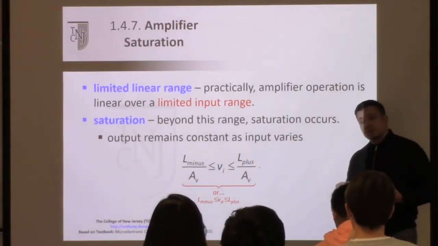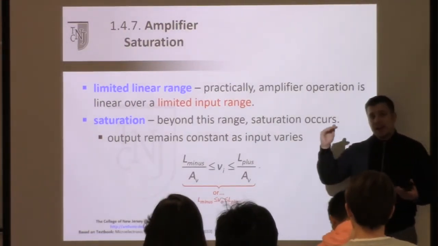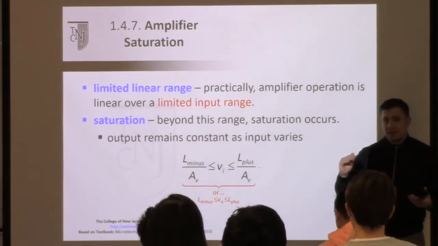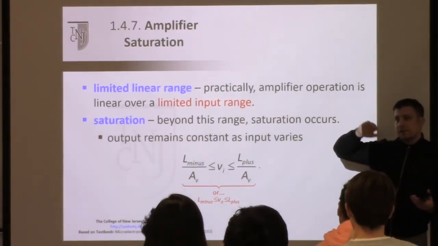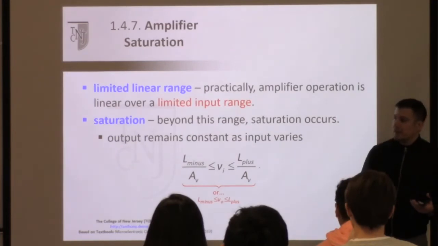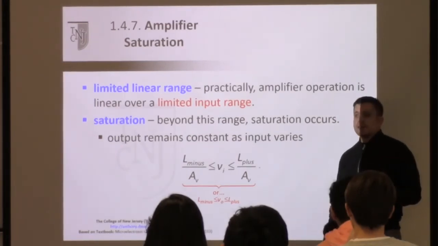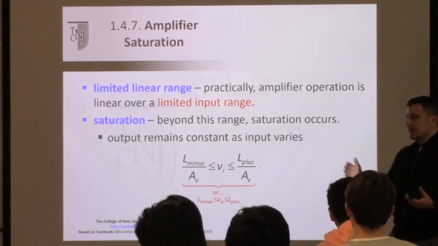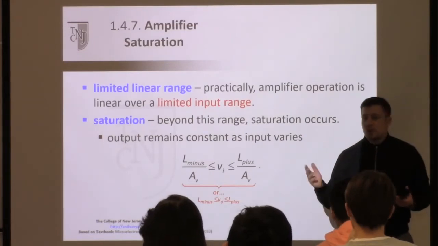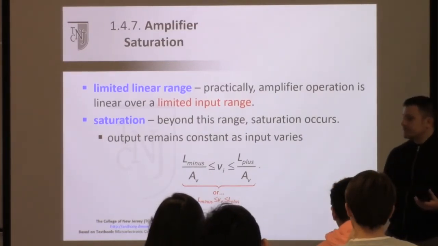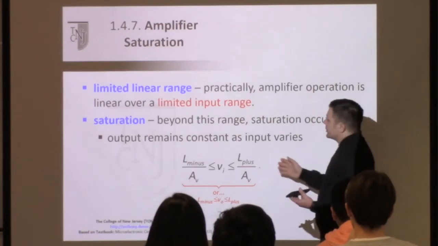And really, if you want to be more specific, the linear range ends a little bit before that. Because as you get close to the rails, stuff starts to get a little bit curvy, less linear. So let's say your supply is 15 volts. Your linear range ends probably somewhere around 12.5, 13 volts. So what is this equation saying here?